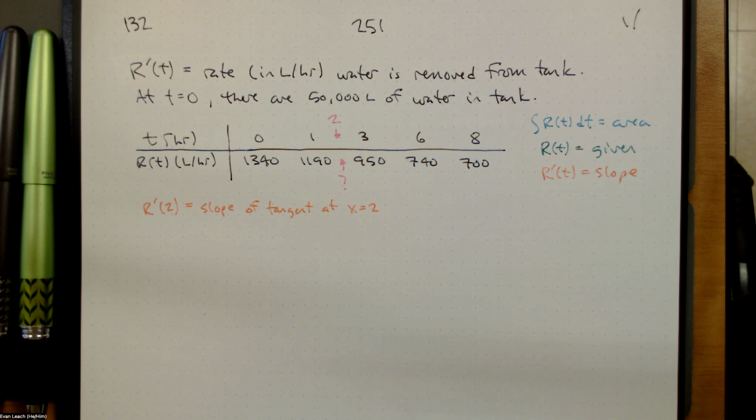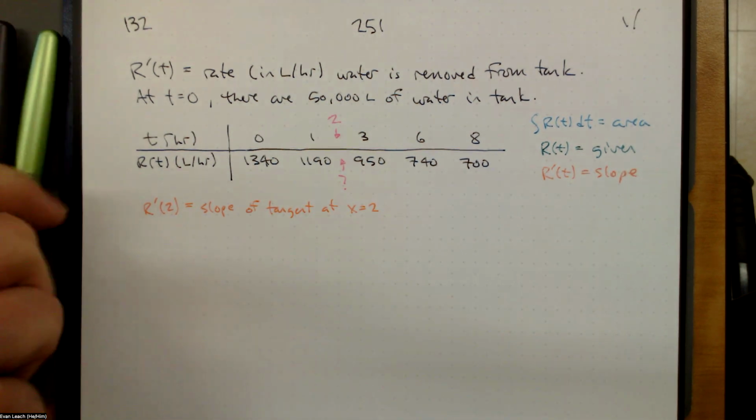We do know that r of t is decreasing and differentiable. So there's no funny business going on at 2. It doesn't go from 1190 at 1, jump up to 1,000 or 1,000,000 at 2, and then drop down to 950 at 3. All we know is what's going on at the endpoints.